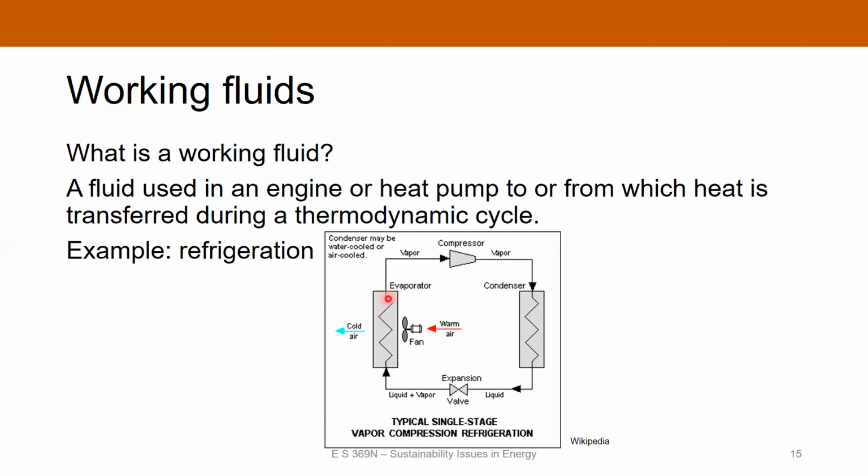And the evaporated fluid then goes into a compressor that compresses it and heats it up. And then it goes into a condenser where there's a phase change back to the liquid phase that again transfers heat, comes back here through the expansion valve and expands and back into the liquid phase. And then you start the process all over again.